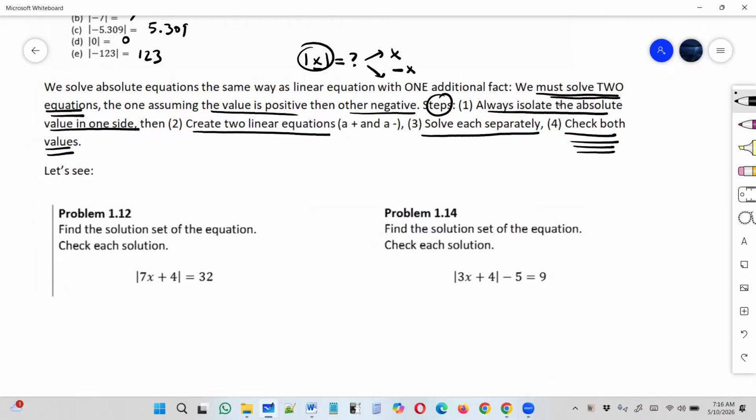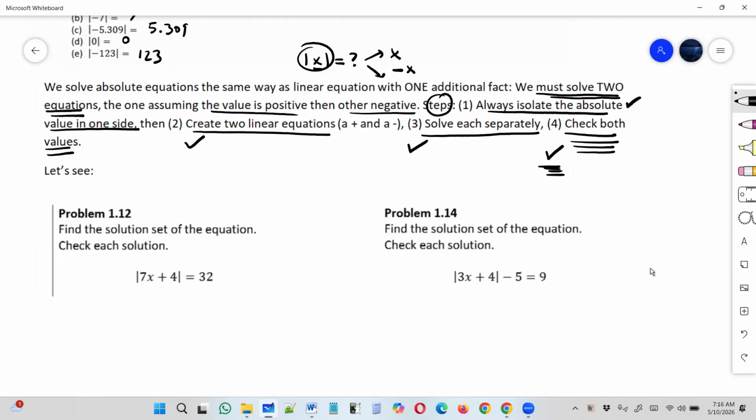Okay, so steps 1 through 4 need to be done for absolute value equation. So isolate the absolute value. All right. Create the two linear equations, step 2. Solve each equation separately, step 3, and then you check. You have to check. Even if the question doesn't ask you to check, you must check to see if it's correct.